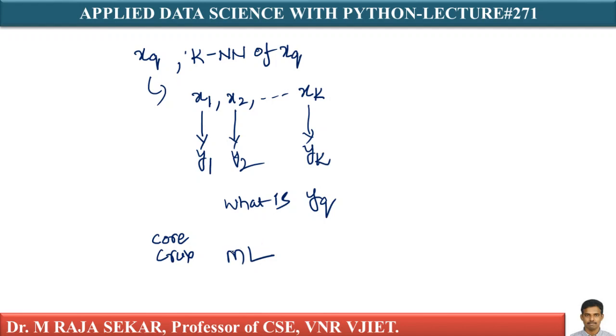Once you convert it into geometry, always try to understand concepts with the help of geometry. It's elegant, it's simple, and it's easy to understand. It's not at all rocket science.